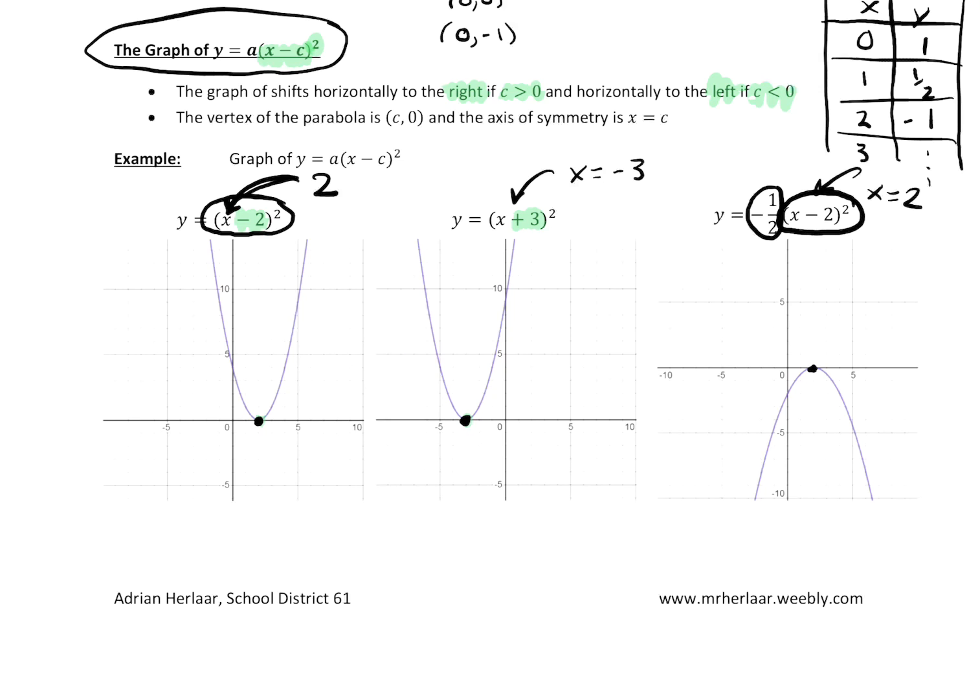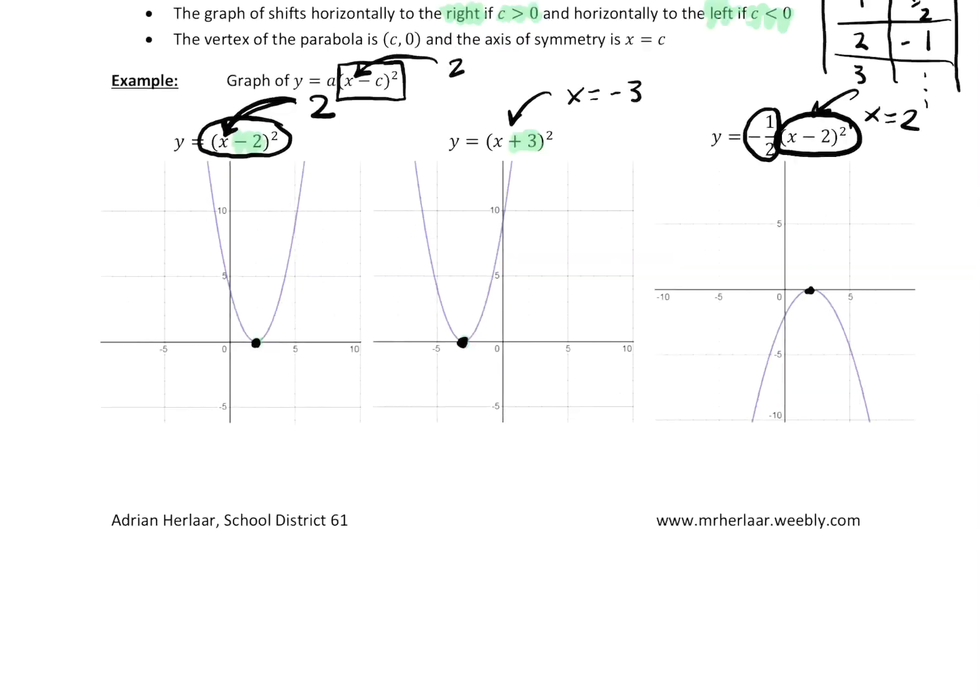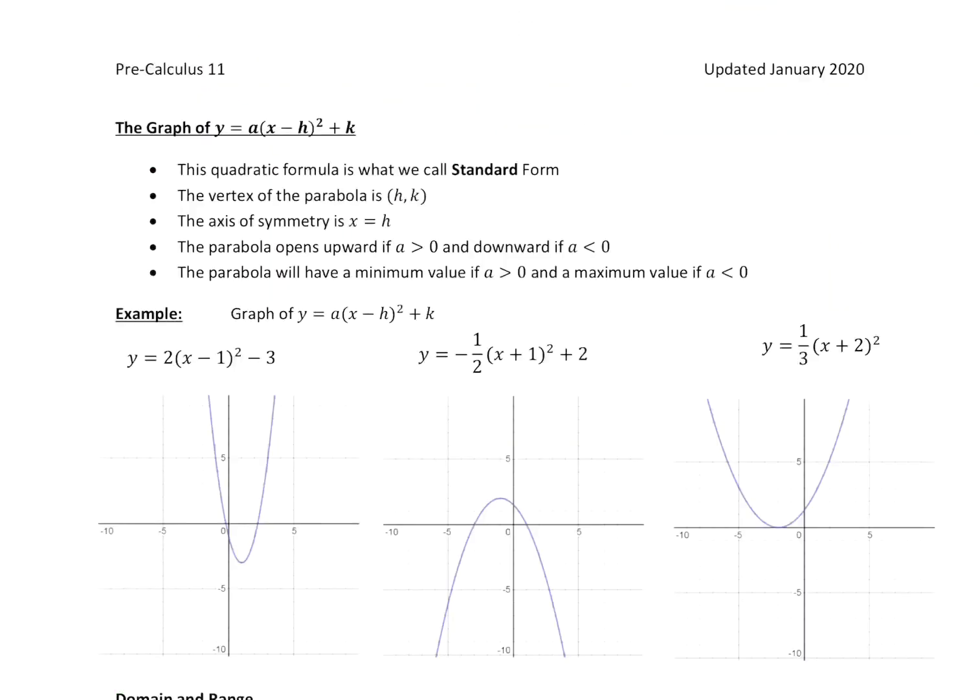So whatever makes the inside portion equal to 0, that's which direction you've shifted. Whatever x value makes it equal 0. So if x is positive 2, like the first question, you're at positive 2. You don't have to worry about, oh, do I shift left or right? No, what makes it 0? If x is a negative number, it's on the negative side. If x is a positive, it's way easier to remember, way easier to think. All right, now we're going to start putting it together.